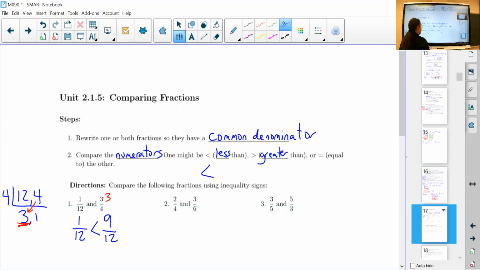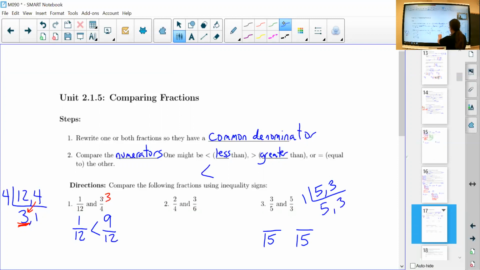Let's look at number 3, 3/5 and 5/3. Okay, find the denominator I want to use. Well, hey, those are relatively prime, so it's just their product. 15 and 15. If I want, I could write it out like that.